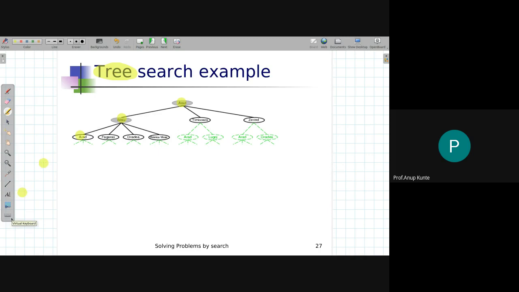This way the tree might get enlarged very much. Please understand that state space means the number of distinct states for a problem, and the tree that we are generating might not have exactly the same number that we have in the state space.